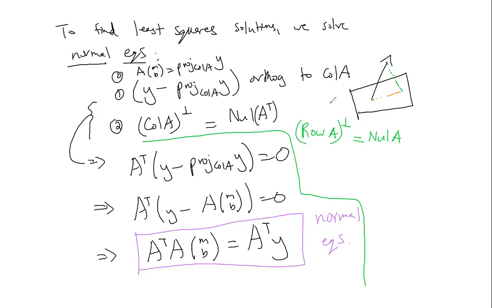So the orthogonal complement of the row space of A, so here's A. I'll give myself some more room. Here's A. The row space is the space spanned by the rows. Let's say the rows are A1 through An. To be orthogonal to the row space, you have to be orthogonal to each row, which means the dot product with each row has to be zero.